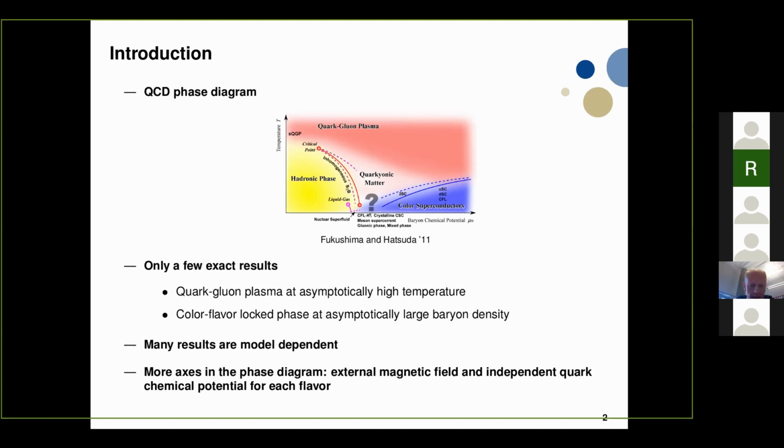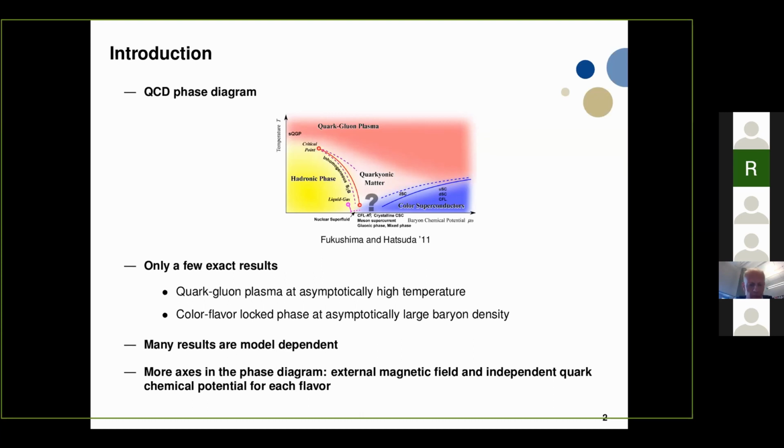At asymptotically high temperature, you have the quark-gluon plasma phase. At asymptotically large densities, you have the color-flavor locked phase as well. But then in between these two extremes, you have lots of phases, but the problem is that many of those results are model dependent. So we have very few rigorous results.